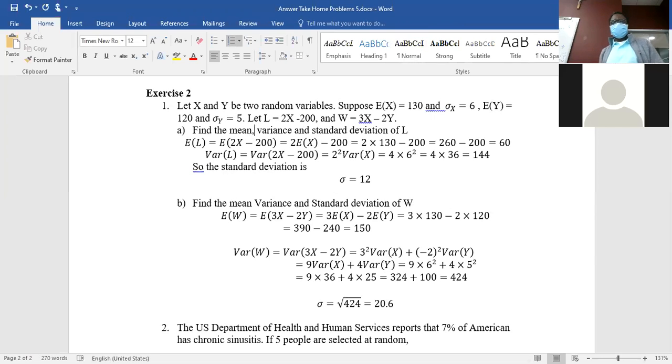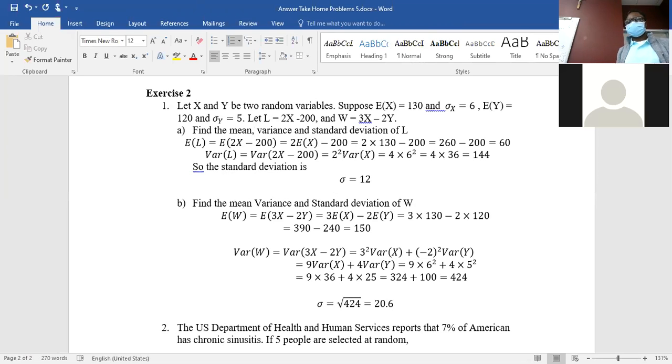So for the mean E of L, we use the linear transformation formula for expectation. E of L is E of 2x minus 200, which is 2E of x minus 200, which is 260 minus 200, which is 60.